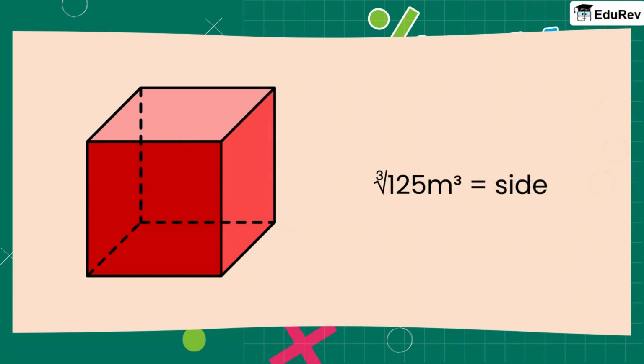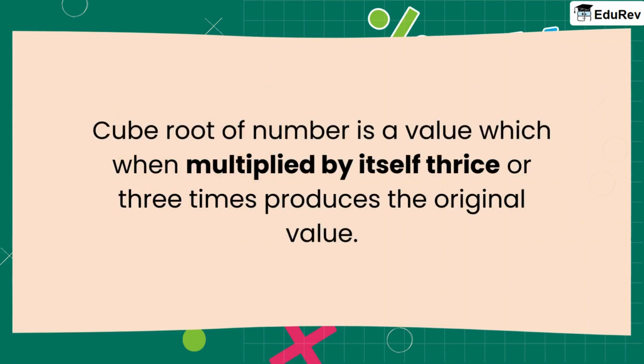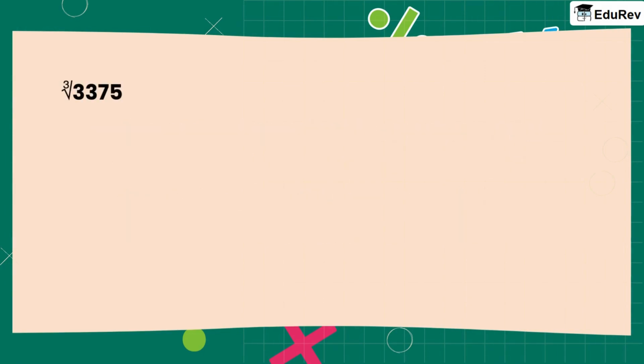So, we need to find the cube root of 125. And the number whose cube is equal to 125 is 5. So, the cube root of 125 is 5. So, the cube root of a number is a value which when multiplied by itself thrice, or 3 times, produces the original value.